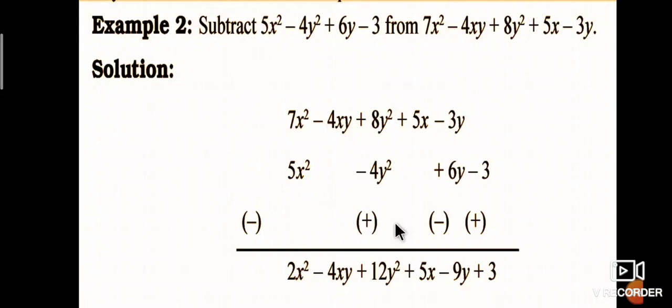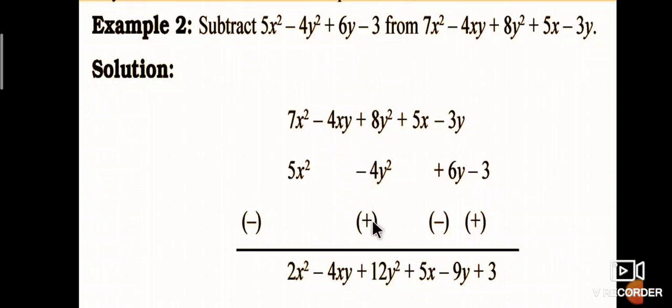When we subtract, the signs of the second expression change: plus becomes minus, minus becomes plus. Therefore, plus 5x square becomes minus 5x square, minus 4y square becomes plus 4y square, plus 6y becomes minus 6y, minus 3 becomes plus 3. Okay, from 7x square subtract 5x square, remaining is 2x square. Minus 4xy is a single term, it is the same as the first expression, minus 4xy.